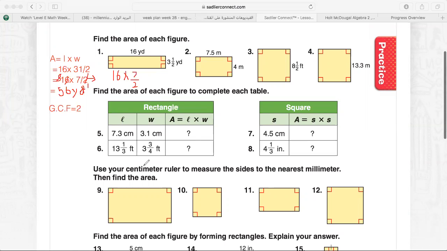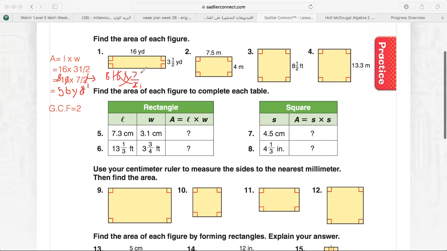Okay, girls? So you have two ways to multiply. Whether to multiply the numerators together and the denominators together, or to multiply using GCF. So I'm going to multiply using GCF, using crisscross. So GCF of 2 and 16 is 2. So I'm going to divide 2 by 2 and 16 by 2. 2 divided by 2 is 1, and 16 divided by 2 is 8.